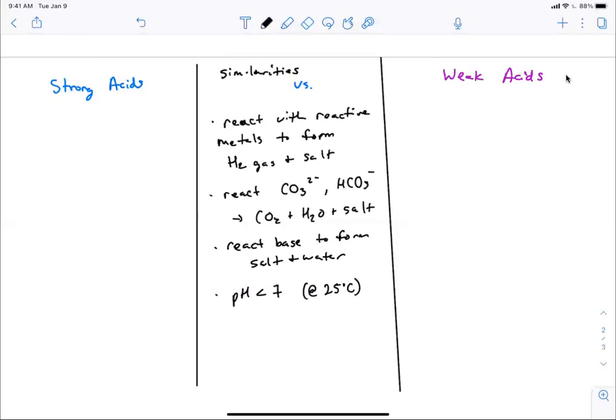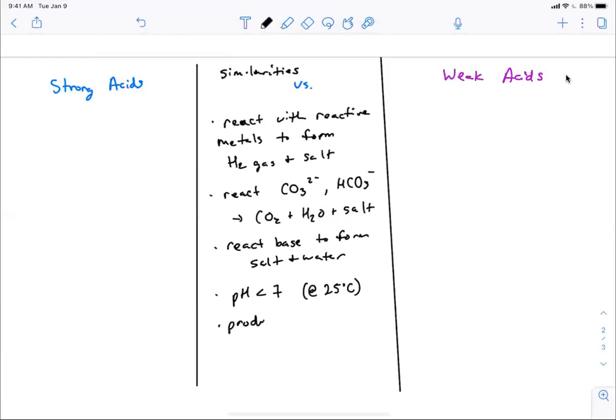And the pH will be less than 7 at 25 degrees Celsius. For a higher level, that matters because the neutral pH can fluctuate based on temperature. So it may have to be less than 6.5 at higher temperatures or less than 7.5 at lower temperatures. So that does vary, but I do want to have a general idea here, okay?